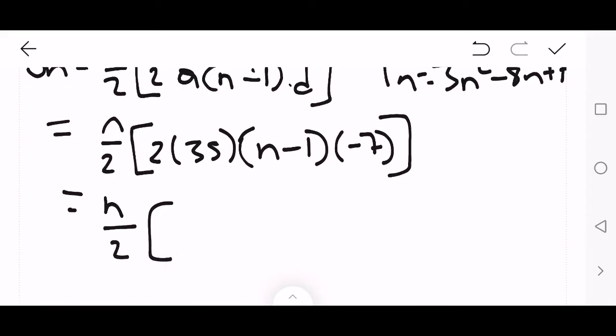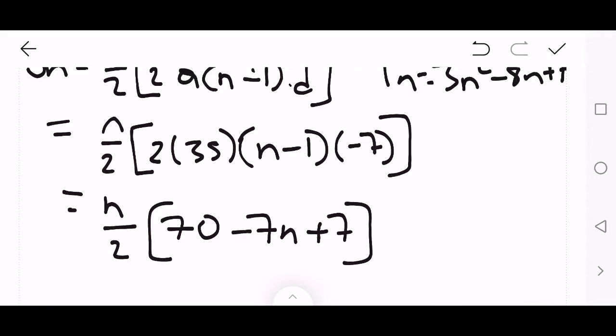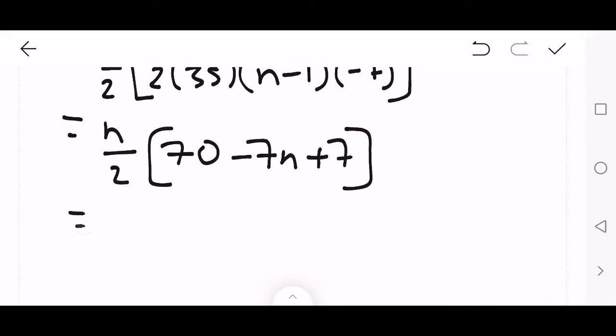So 2 times 35, that's 70. And then we have minus 7 times n, that's going to be minus 7n. And we have minus 7 times minus 1, that's going to be plus 7, equals. So that's n over 2, 70 plus 7, that's just 77 minus 7n.